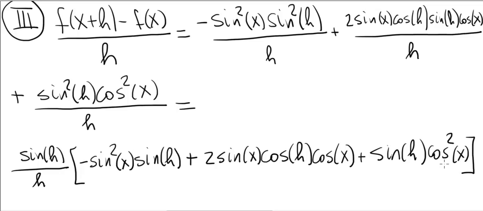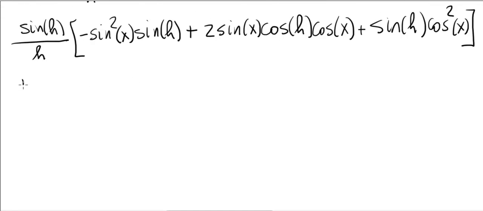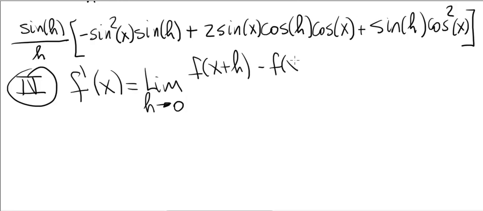And now we're ready for the last step. That is step number 4, where we actually compute the derivative. So step number 4 is f prime of x equals the limit as h approaches 0 of f of x plus h minus f of x divided by h.